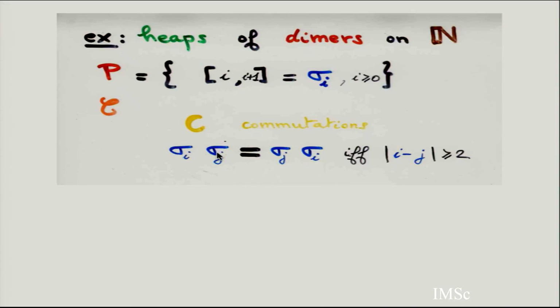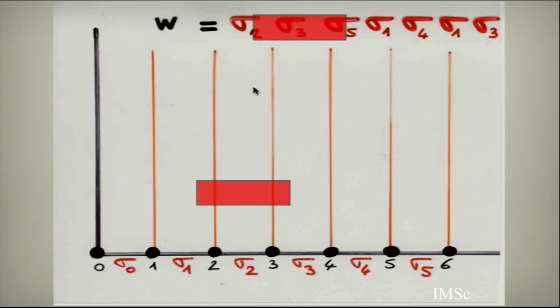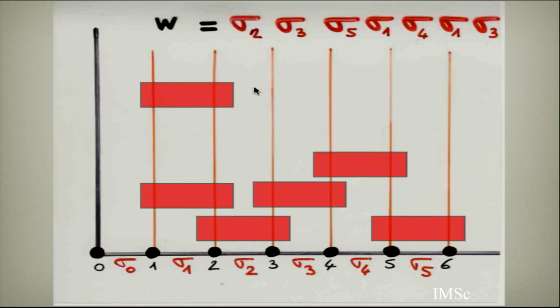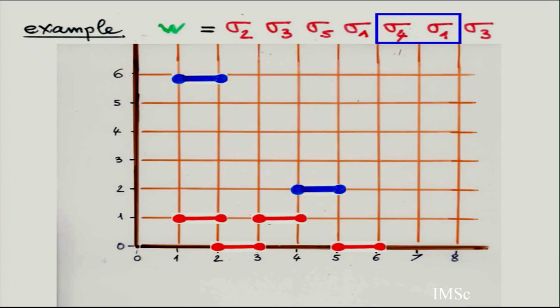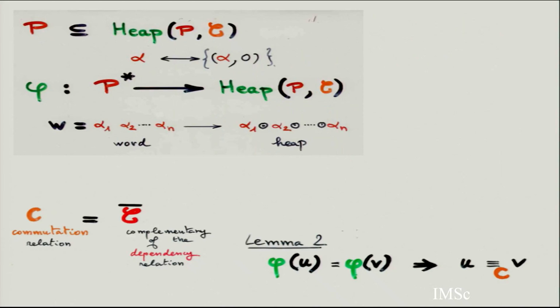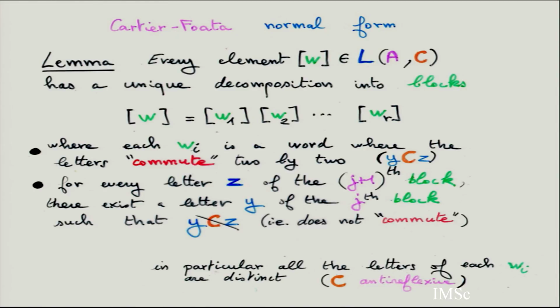Sigma i and sigma j commute if and only if the difference of the indices i and j is bigger or equal to 2. And in terms of heaps, sigma i is a segment i, i plus 1, and the dependency relation holds if and only if the two segments are not disjoint. This is a summary of the Cartier-Foata normal form.